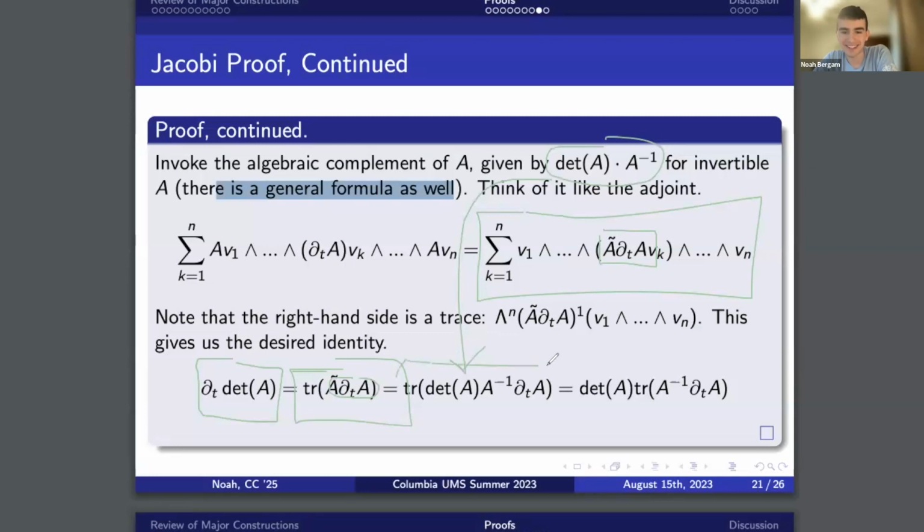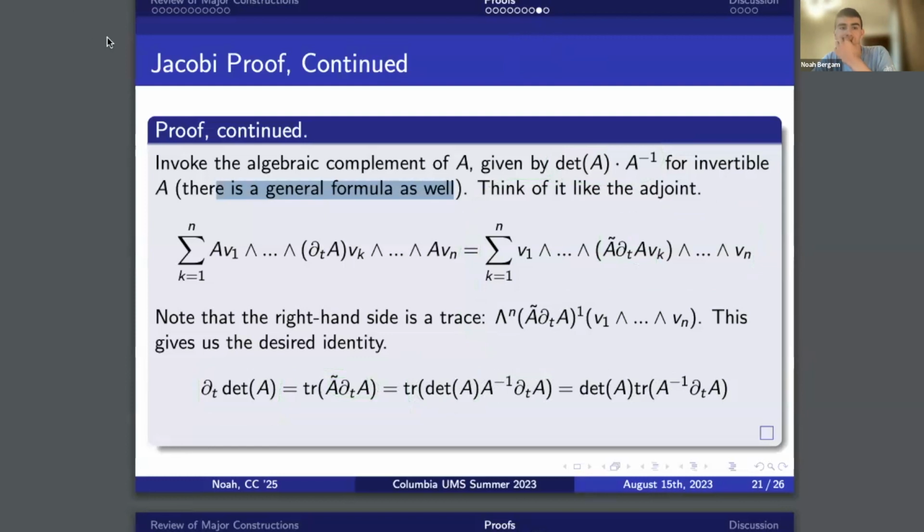This is not an effective way of teaching. So then you have the trace of the determinant A inverse delta A, delta TA, and then you can just take out the determinant because the determinant is just a constant here, and that factors out of the trace. And then you have exactly what you wanted.